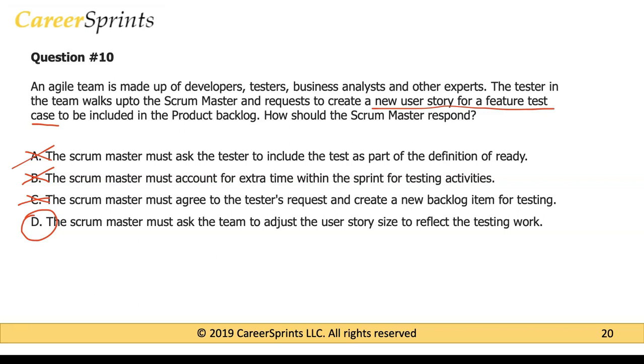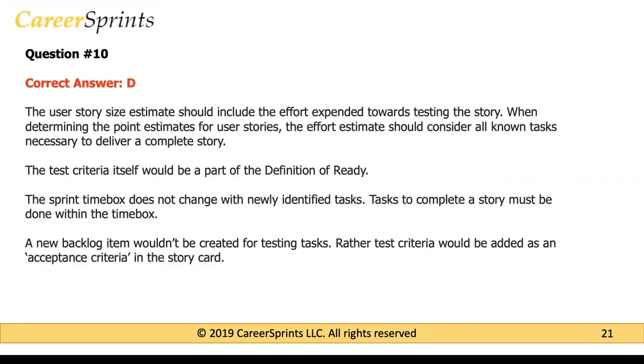So if any additional work comes up, they are able to fit it within the sprint time box and do it. In other cases, if their sprint capacity is totally full, then they may just need to spend some additional time trying to finish that particular activity. You can go to the next page and see the explanation for this answer.